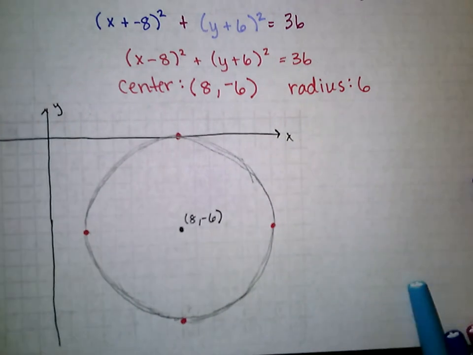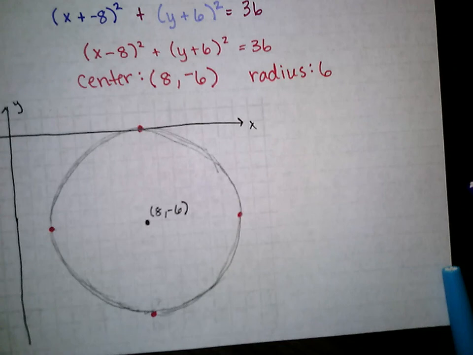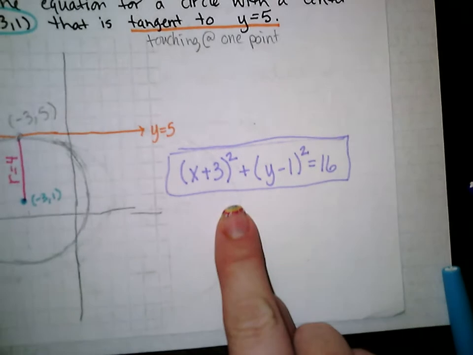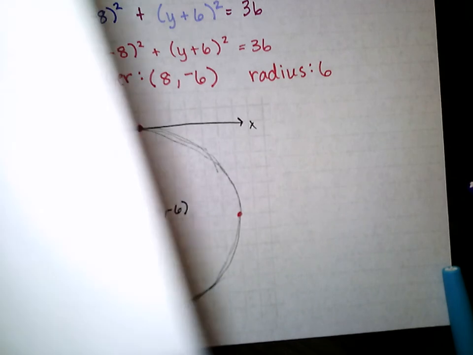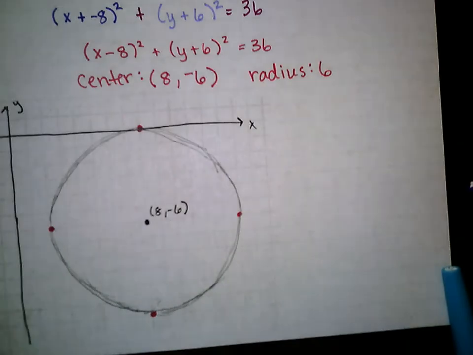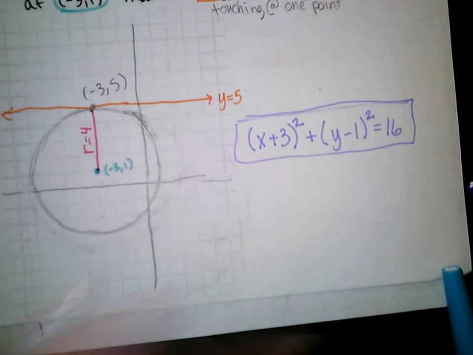Now let's go ahead and do an add-in because we need to be able to find intercepts. I think that this one would be a good one to find intercepts on. Finding intercepts. Let's go back to this page. To find the intercepts, we're going to do it just like we have found intercepts in the past.